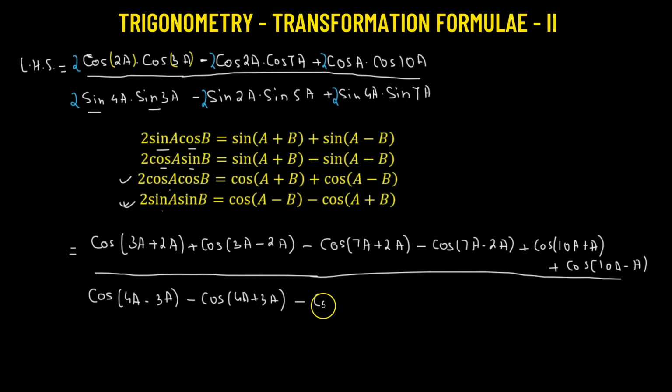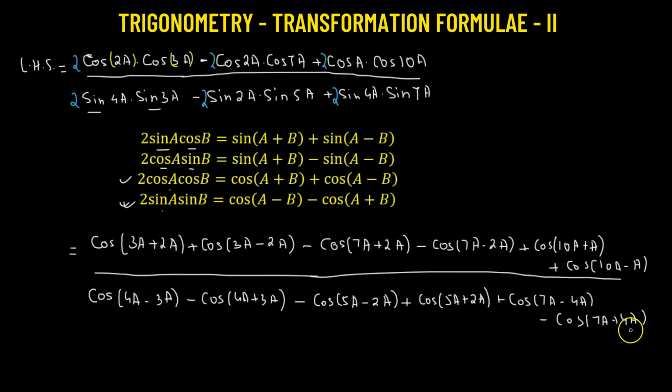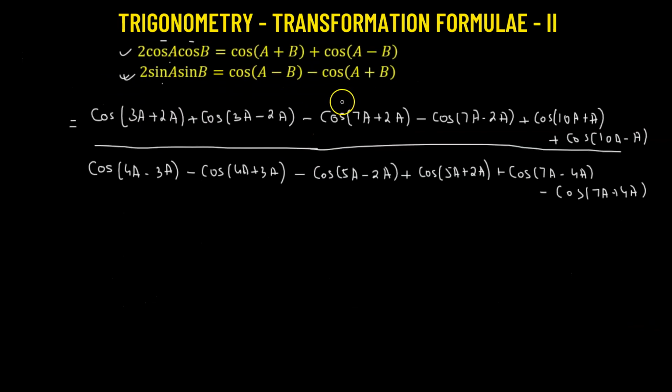So we'll have negative cosine of angle 5a minus 2a plus cosine of angle 5a plus 2a. Be very careful with the signs. Then finally we have cosine of angle 7a minus 4a minus cosine of angle 7a plus 4a. So let's further simplify. Now we will be getting cosine of angle 3a plus 2a, so that's 5a.